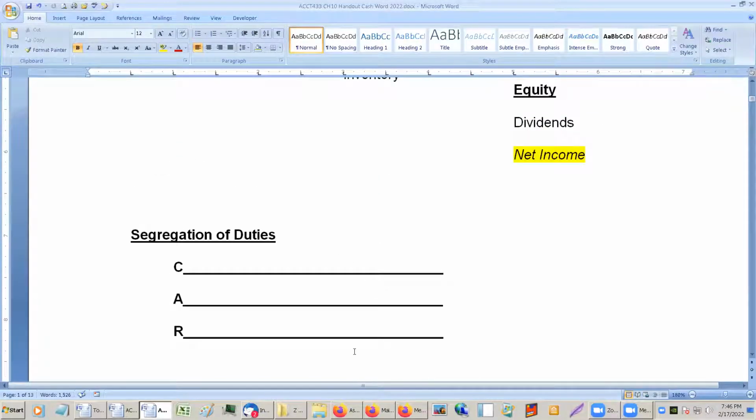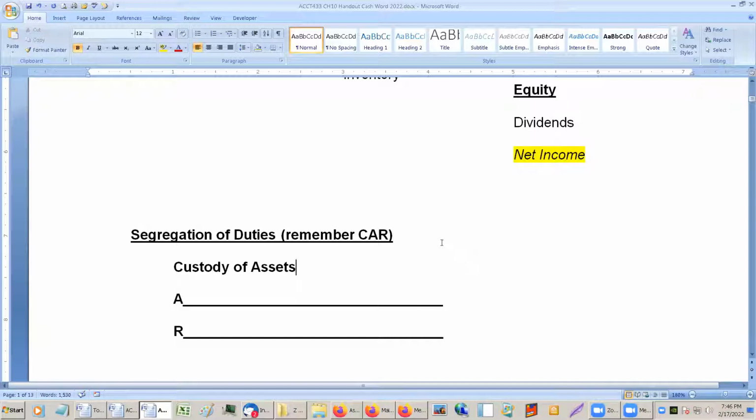Okay, segregation of duties. Now, this is not just for cash, this is for anything. We remember it by CAR. This is also known as incompatible duties.